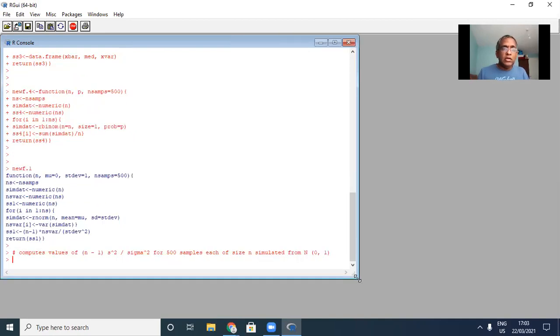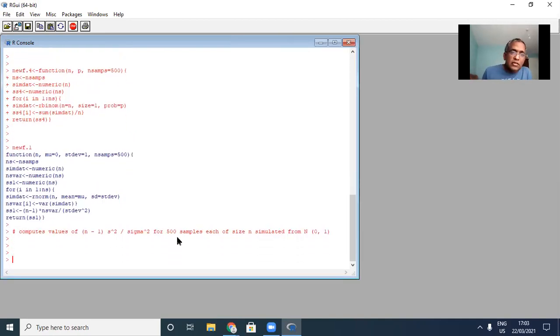I don't know if you can read this here. So what it does is that it computes the values of n minus 1 times s squared over sigma squared. S squared is the sample variance, sigma squared is the population variance, n is the sample size. So it computes the values of that for 500 samples, each of size n, from the standard normal distribution, which is N(0,1).